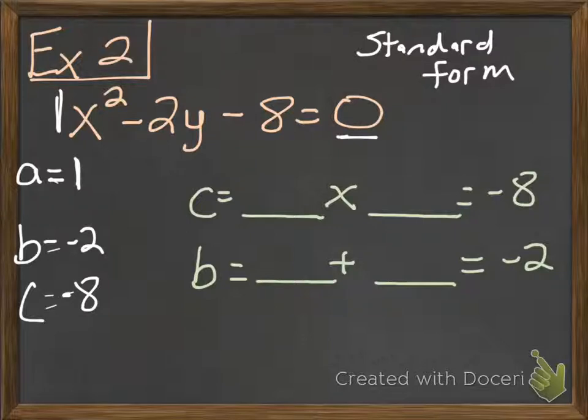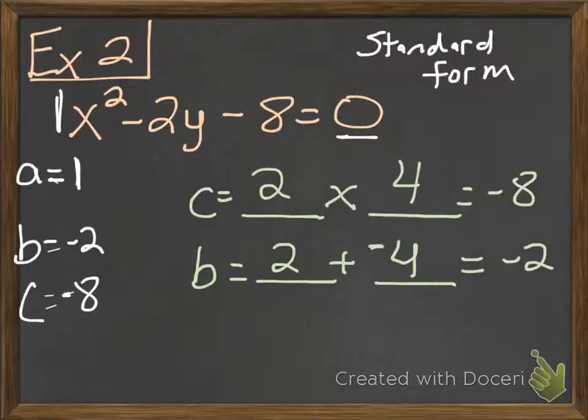Now, I'm going to take two numbers off the top of my head, 2 and 4. I know 2 times 4 is 8. But in this case, we're looking for negative 8. Well, one of these numbers has to be negative. And the way to determine that is by looking at b. I know I can get something negative 2 out of 2 and 4.